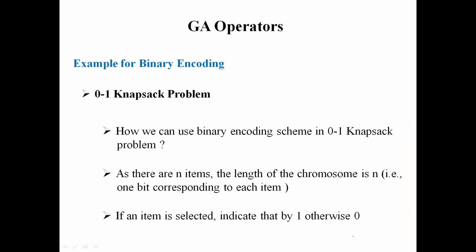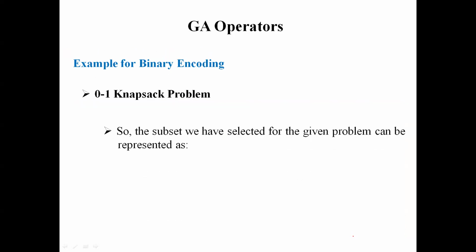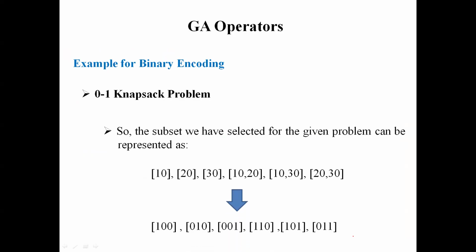There are 3 items here, right? If he selects one item, he can assign a 1 to it. If he does not select, you can give a 0 to it. So say he's selecting the 10. The 10 is in the initial position, 20 is at the second position, and 30 is at the third position. And it can be represented by 3 bits.